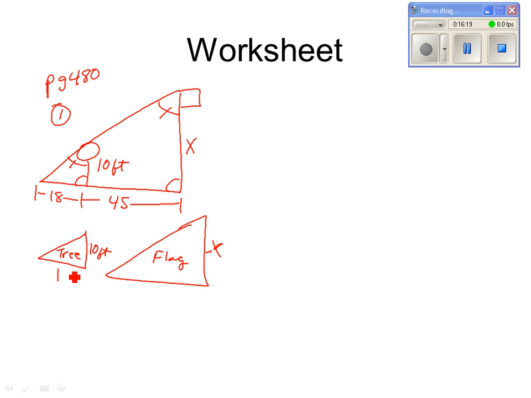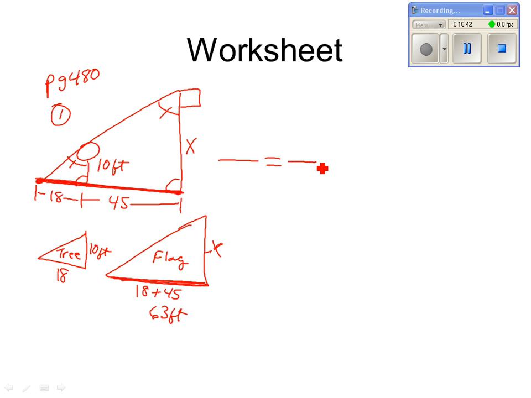Down here we know that the tree's shadow is 18 feet. This distance, this is where you have to be careful. That distance is the distance from here all the way to the flagpole, so it's that whole thing, which is 18 plus 45, which gives you 63 feet.